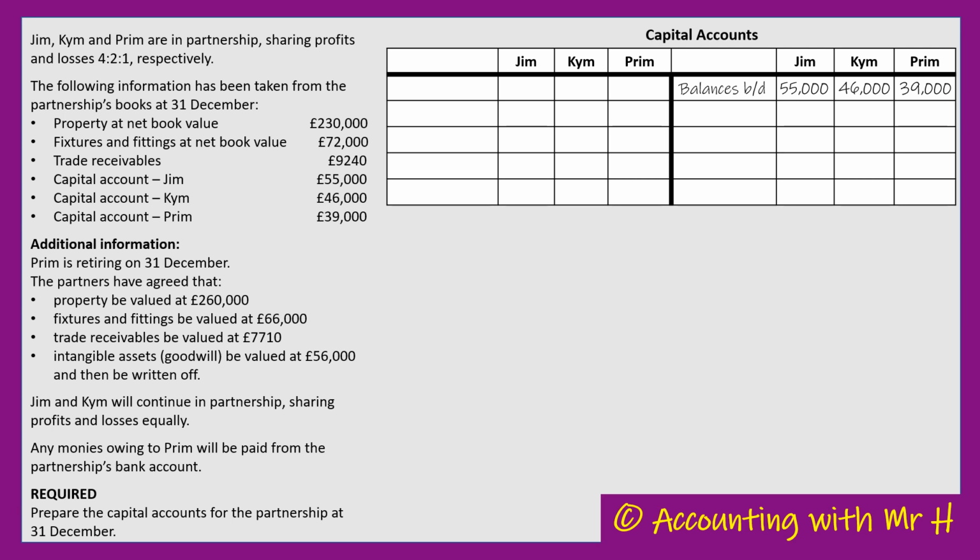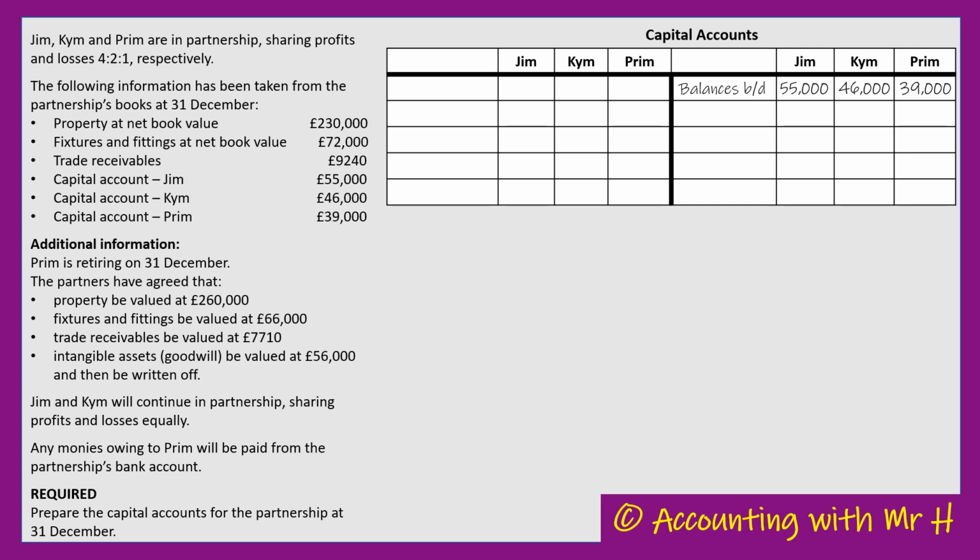Then the second thing I need to do when I'm dealing with a partner who's leaving or retiring is to do something called a revaluation. And what this is about is if you look at, for instance, the property, in their books, it says the net book value of the property is 230,000.